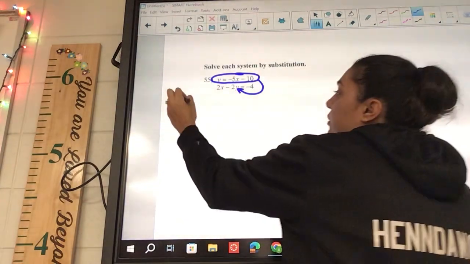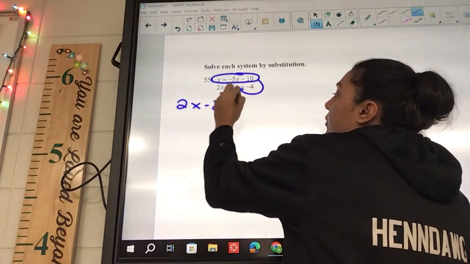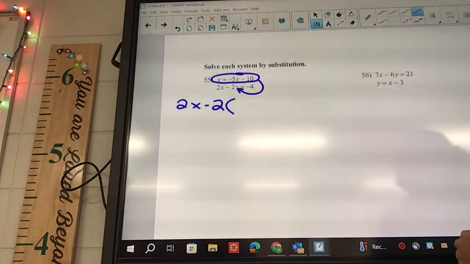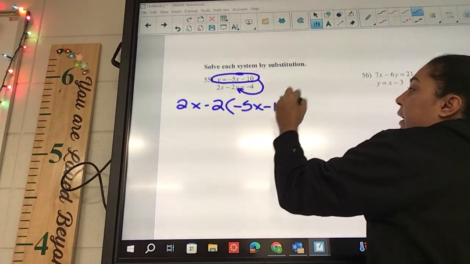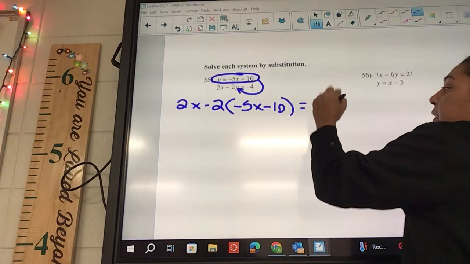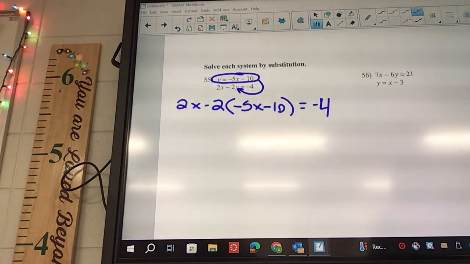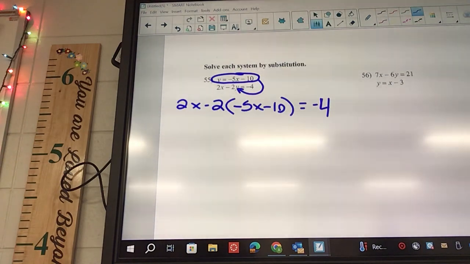Okay, so we got 2x minus 2, and instead of y, what am I writing? Negative 5x minus... And again, if you are really bad at these, I'm not saying don't try, absolutely try. However, if you can't get any further, guess. Do not leave anything blank on a multiple choice test, that's silly. I don't give you any points for whatever work you show.